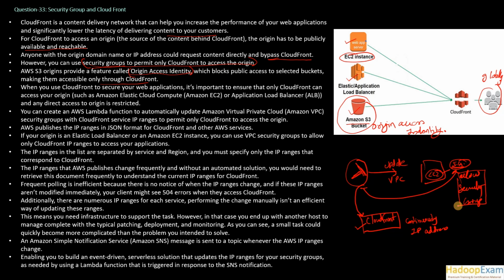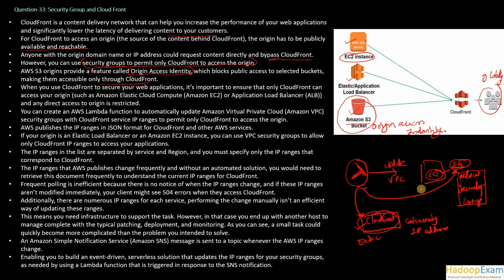Lambda's purpose here is to update the security group frequently, because CloudFront IP addresses keep changing. They are not static, correct? And if they keep changing, you can't do a one-time security group configuration. You need to keep updating your security group configuration as well.